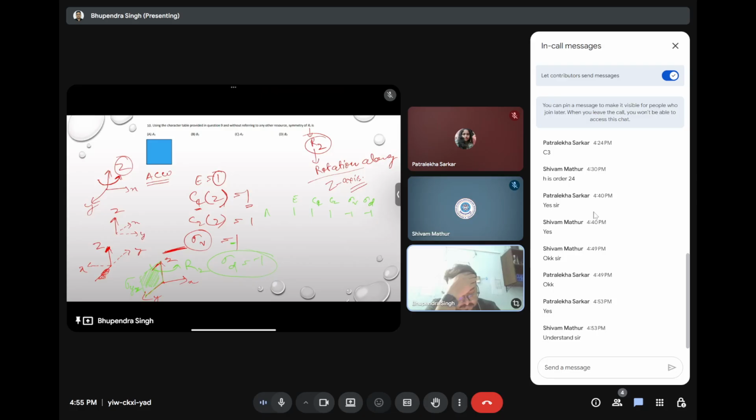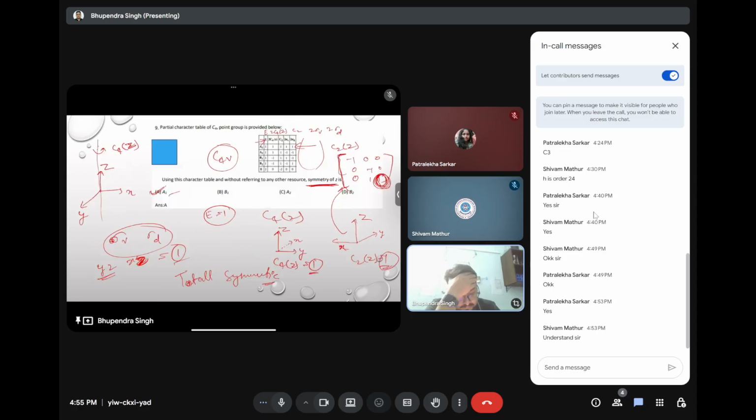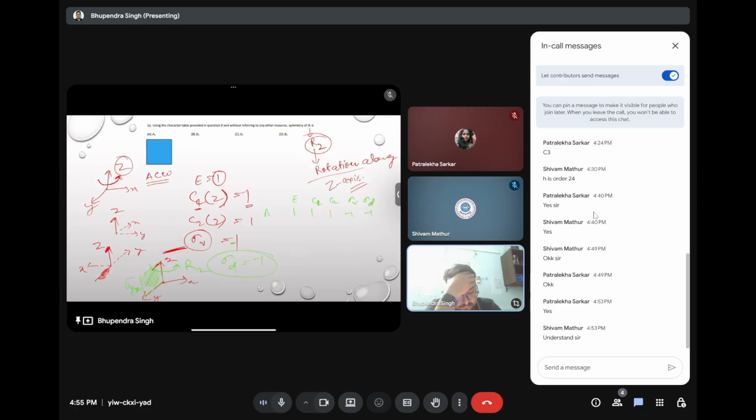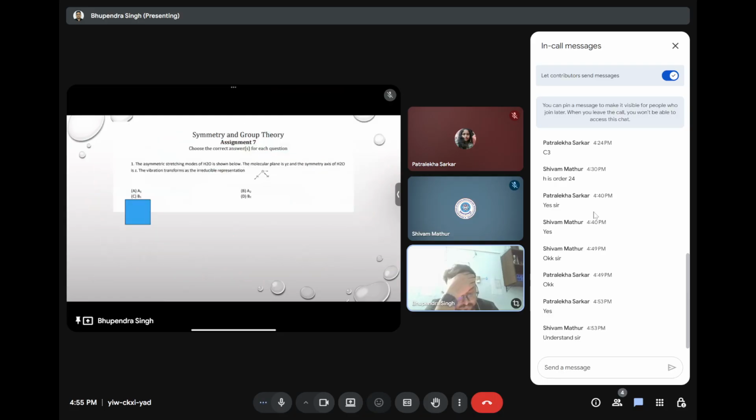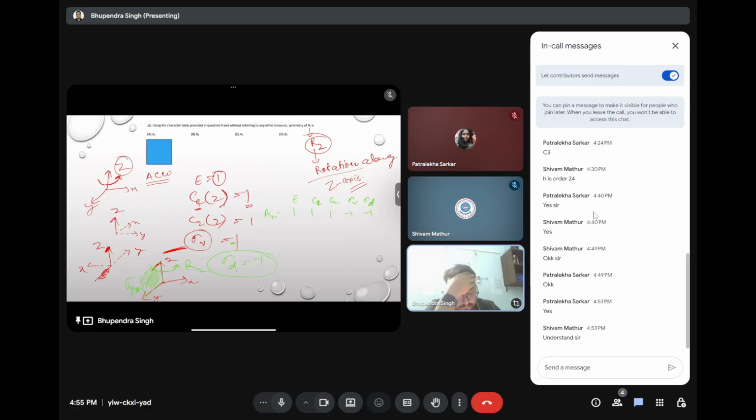Let's see which symbol this is. It is A2. So the answer should be C. Is it okay?